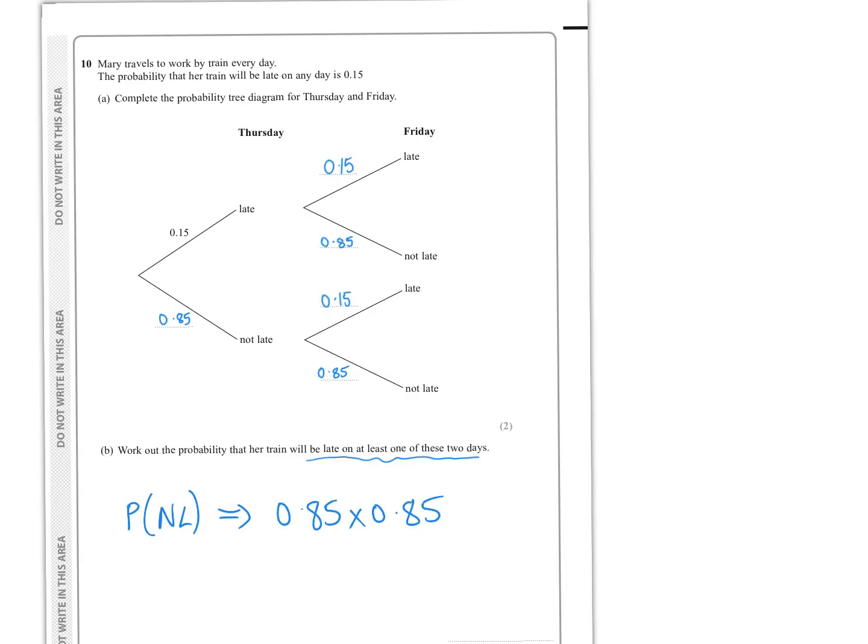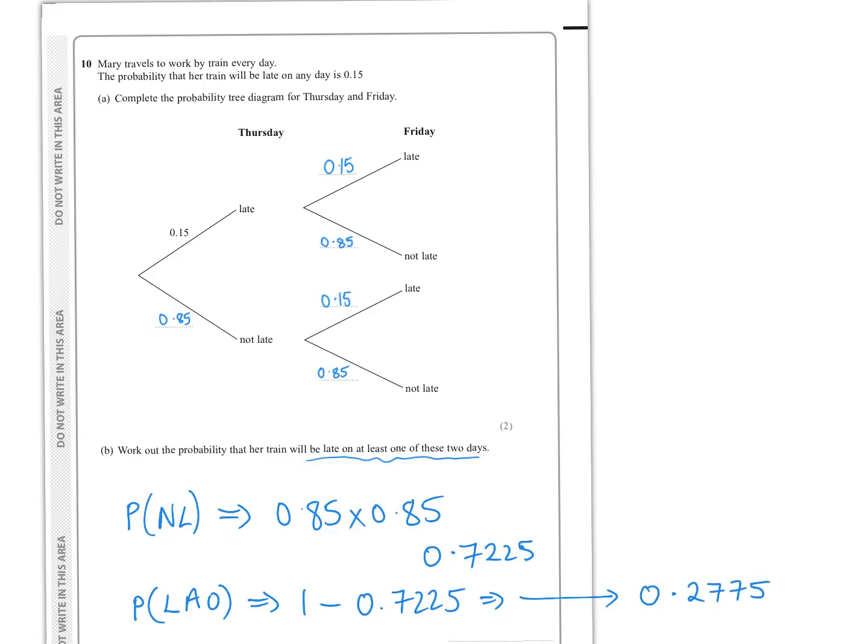So on my calculator, 0.85 squared is 0.7225, and so the probability that I need, so the probability of late at least once, will be 1 minus 0.7225, and my calculator says, and I'll write that here so you can see it clearly, 0.2775.